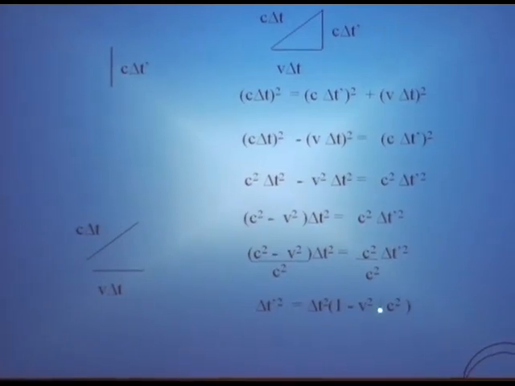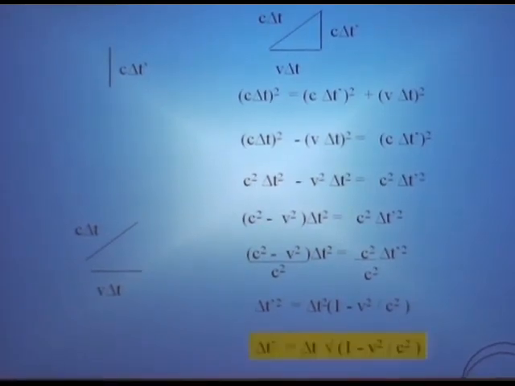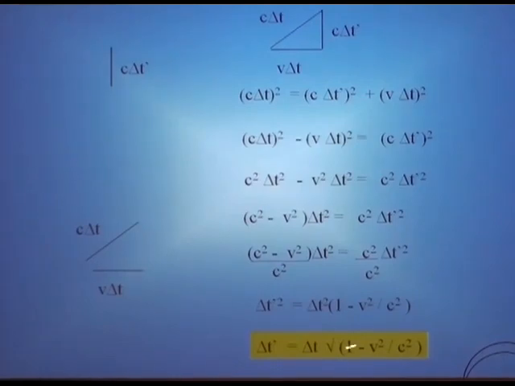And now I divide the whole equation by c squared. Okay? If I divide the whole equation by c squared, this c squared and this c squared give me 1, and this gives me 1 minus v squared over c squared. So delta t squared and delta t prime squared are now connected by this famous equation that I wrote down before. Delta t prime equals delta t divided by the square root of 1 minus v squared over c squared.